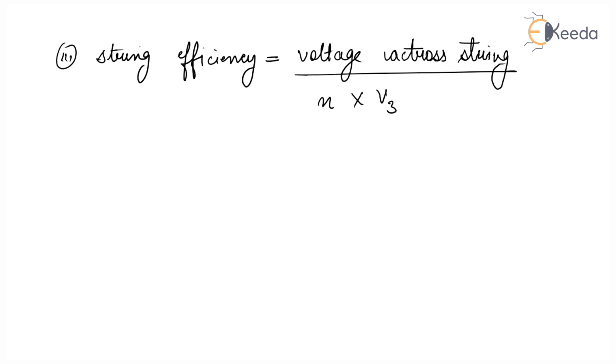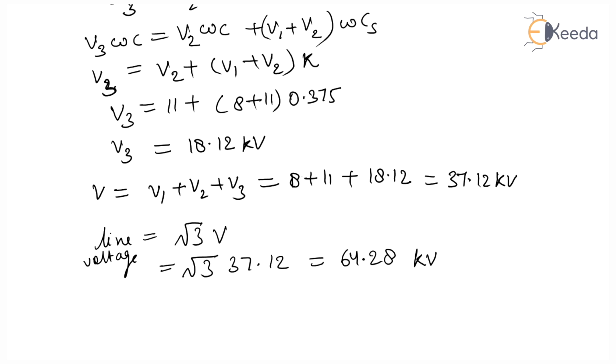We know the formula for string efficiency. It is equal to voltage across the string upon number of insulators into V3, the voltage near the conductor. So voltage across the string V is equal to 37.12 kV.